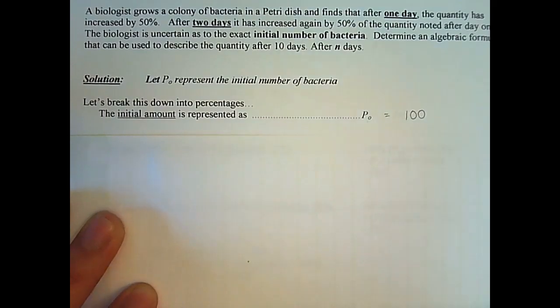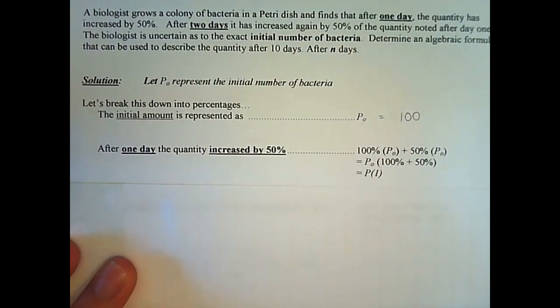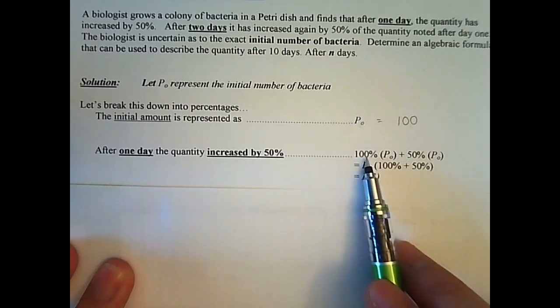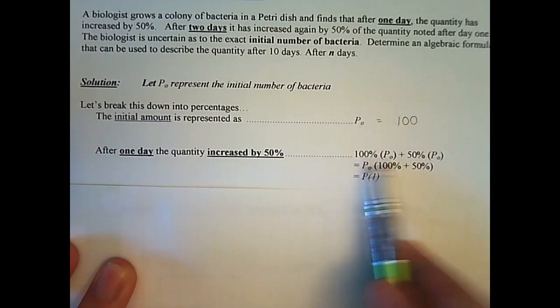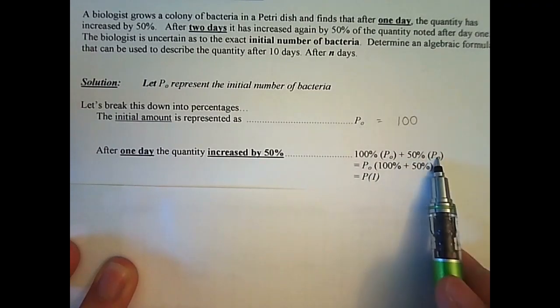So after 1 day, they say the population of the bacteria increases by 50%. So it's like my original population, 100% of that, all of that, because they're still there, and then another 50% of that initial population.